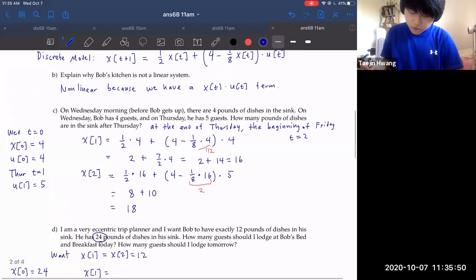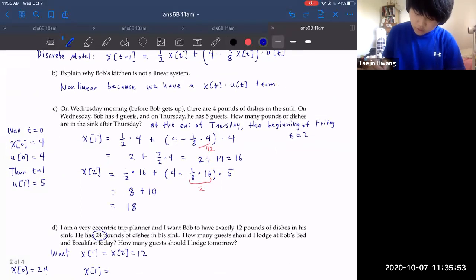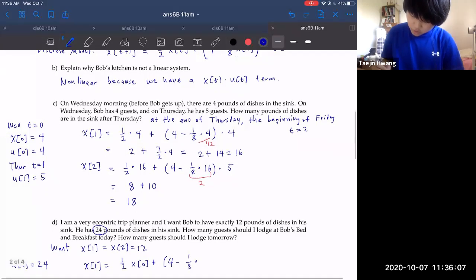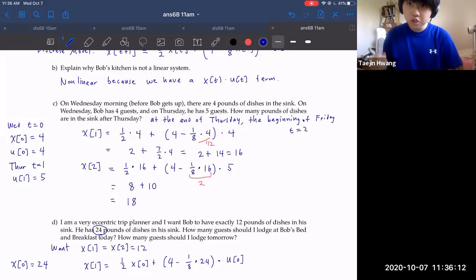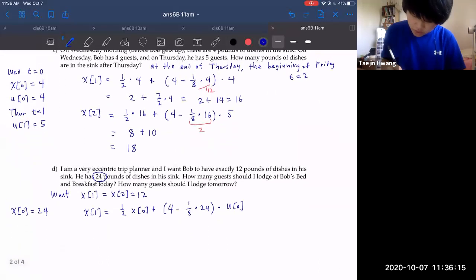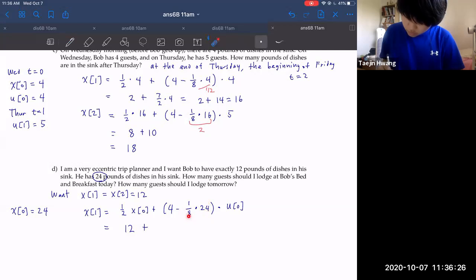And then from the recurrence, we see that x of 1 is equal to 1/2 x of 0 plus 4 minus 1/8 times x of 0, which is 24, times u of 0, which is unknown, but we want to solve for this. Half of 24 is 12. 1/8 of 24 is 3.